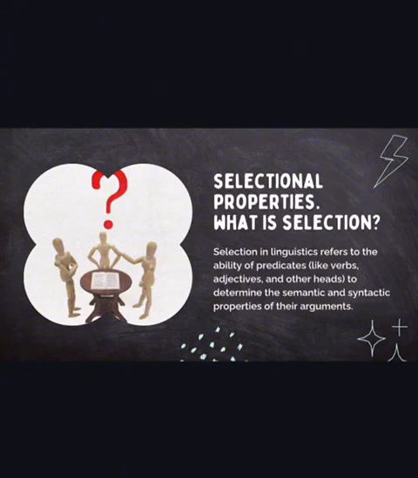Next slide. There are selectional properties. So let's see, what is selection? Selection in linguistics refers to the ability of predicates like verbs, adjectives, and other heads to determine the semantic and syntactic properties of their arguments.